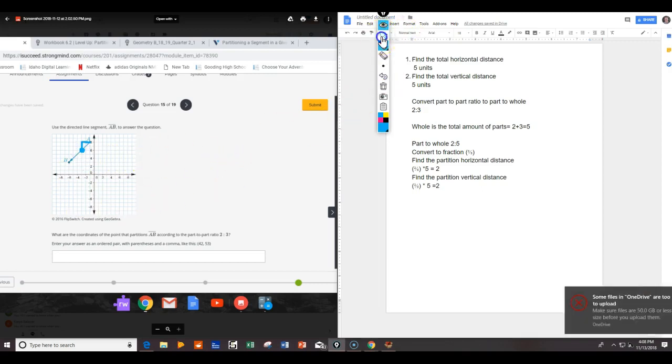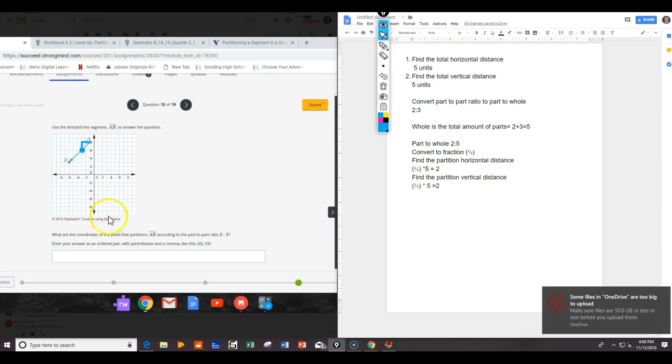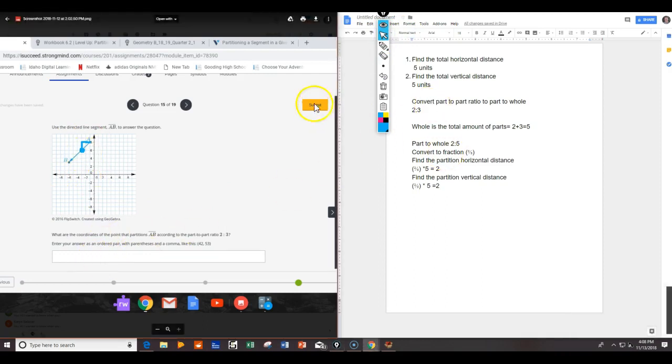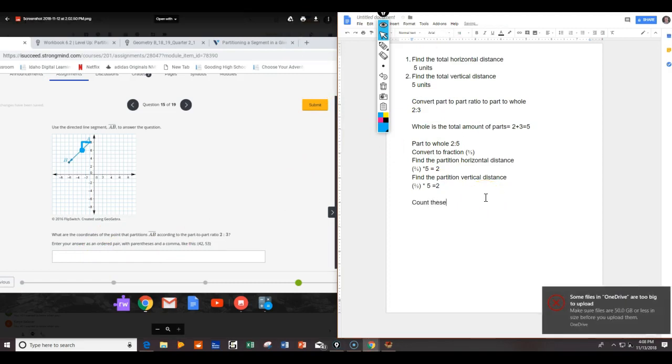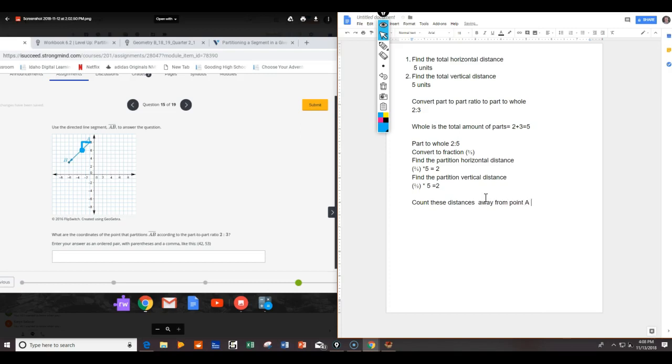The coordinates of this would be (-3, 6). So count these distances away from point A, since it's a directed line segment, and then the coordinates are (-3, 6). So I hope that helps.